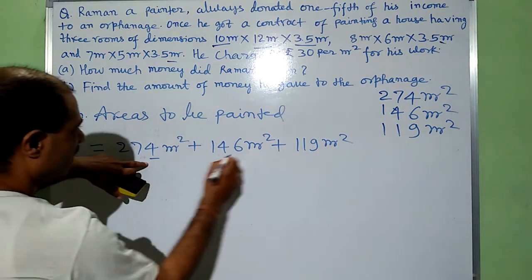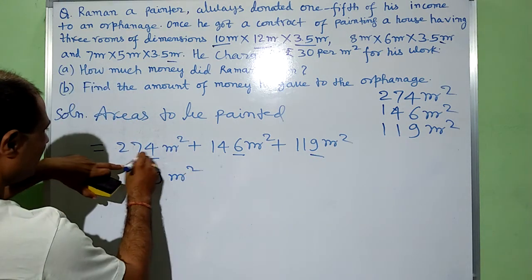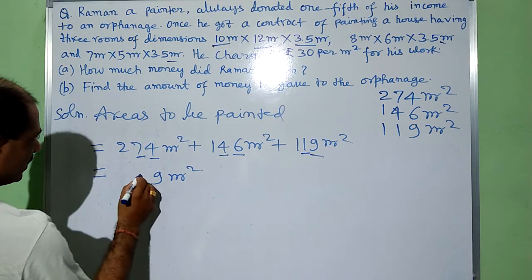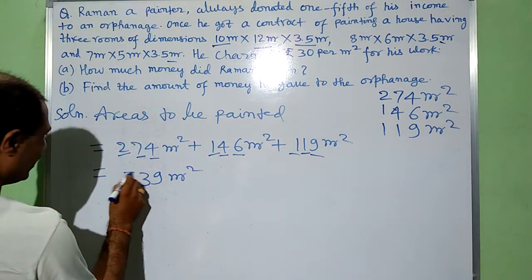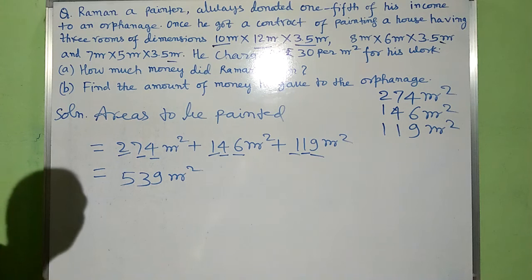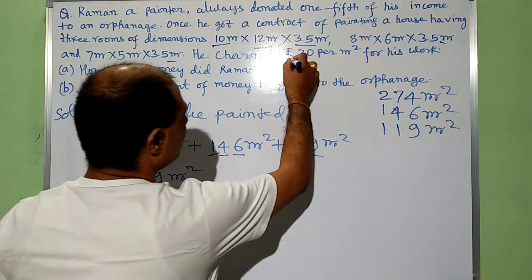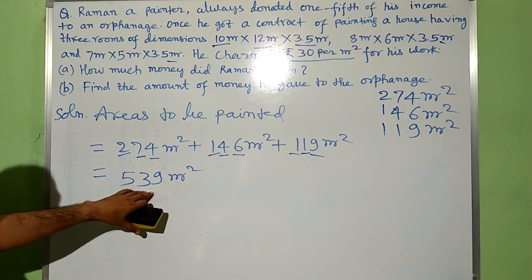It will be 539 meter square will be painted, and cost of 1 square meter is rupees 30. Cost of painting of 1 square meter is rupees 30. So cost of painting of 539 meter square will be.